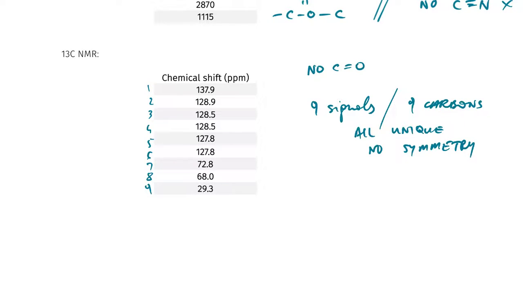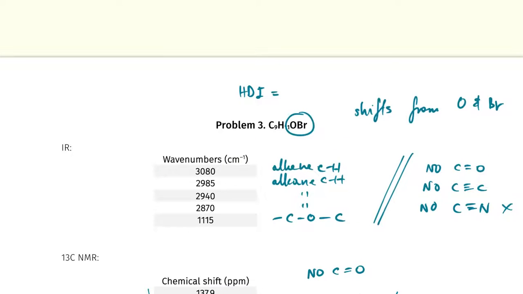Okay. What's the HDI? If I did it right, 4? Okay. 4. And that means if you see more than 3, you're likely to have an aromatic ring. Remember, you have a ring, that's 1, and then 3 double bonds makes 4.